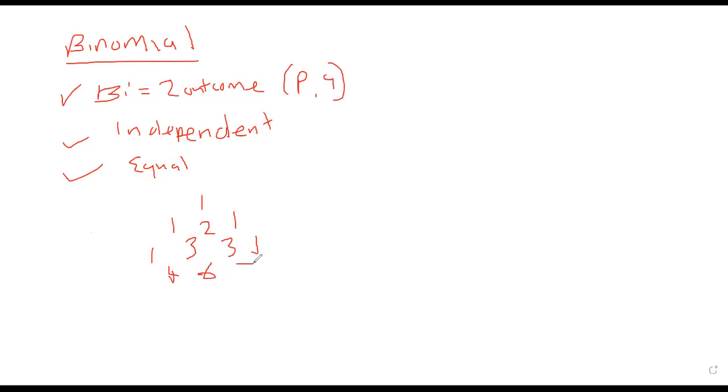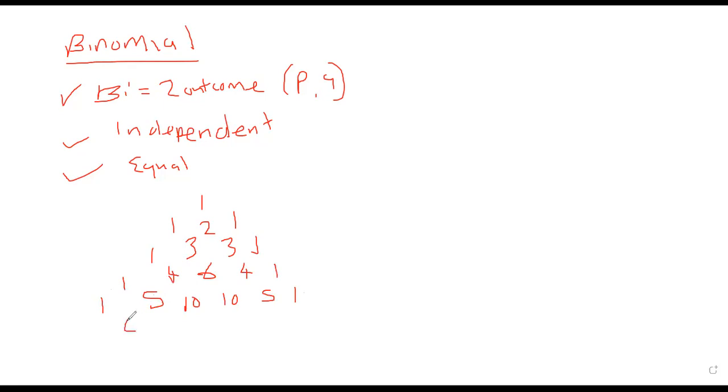Here we have 4. Then you close up. Here what do we have? 5, 10, 10, 5. Close with 1.